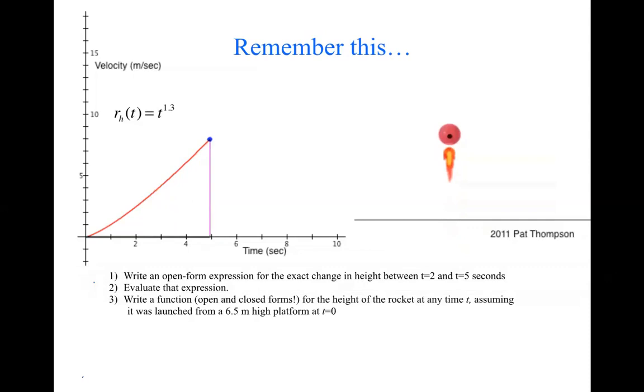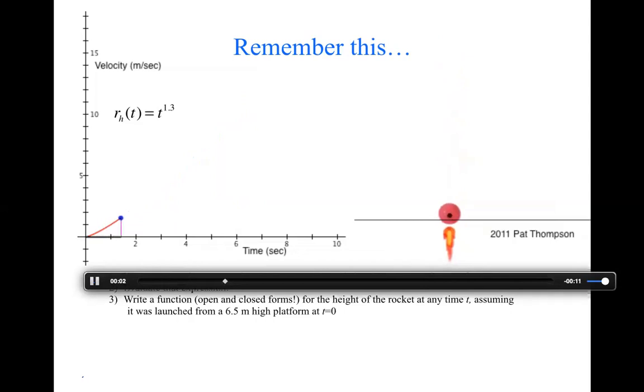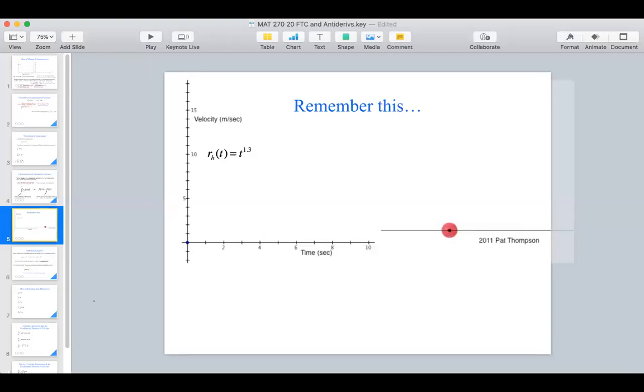There we go. So I should be able to evaluate it and then also write an open form and a closed form of this. I'm going to have to get out of presentation mode here, because otherwise that will keep popping up. So what I want is an open form for what happens between time 2 and 5 for the net change in height.